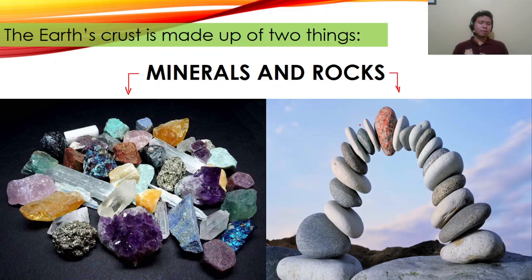Could we consider them as minerals? There are some colorful rocks in nature. That's why we don't consider color as concrete evidence in determining mineral from rock or rock from mineral. So there are different characteristics that we must consider.